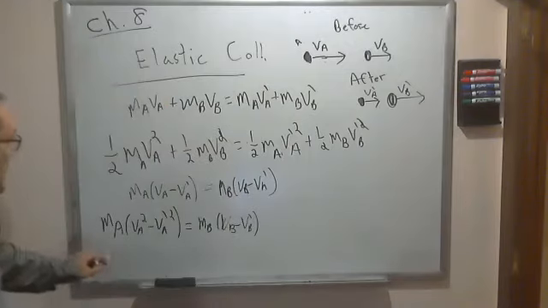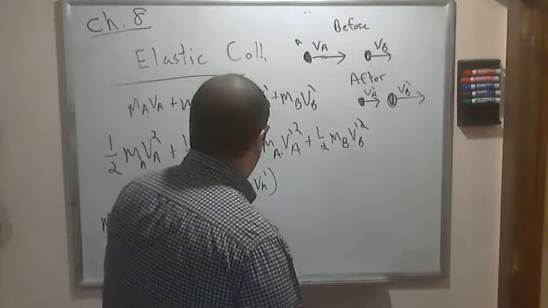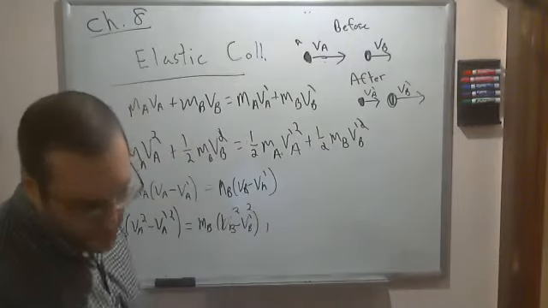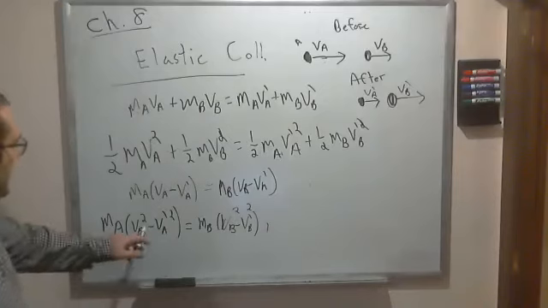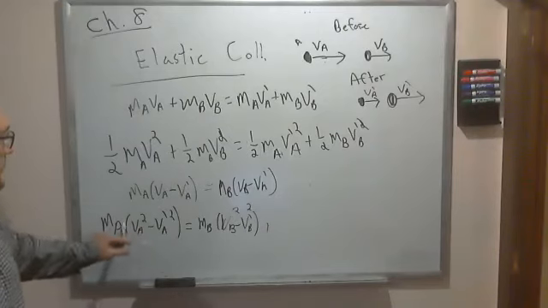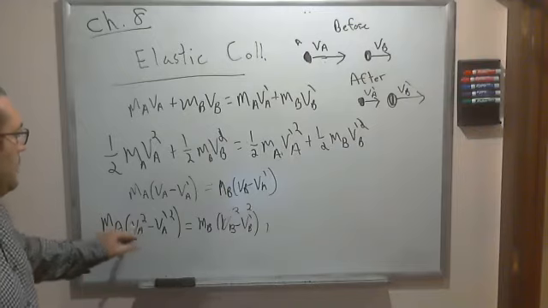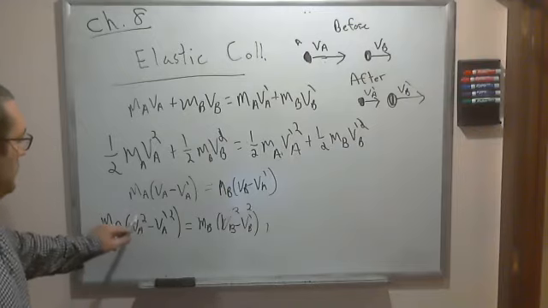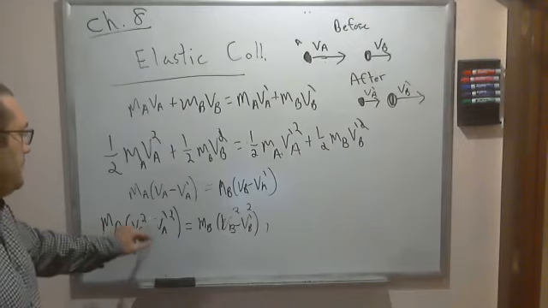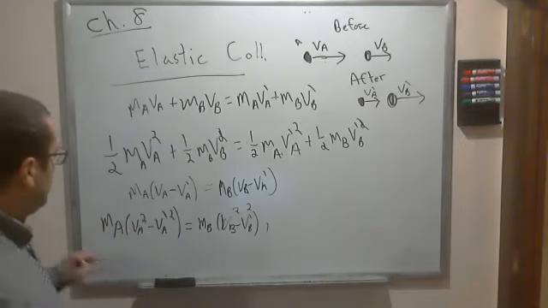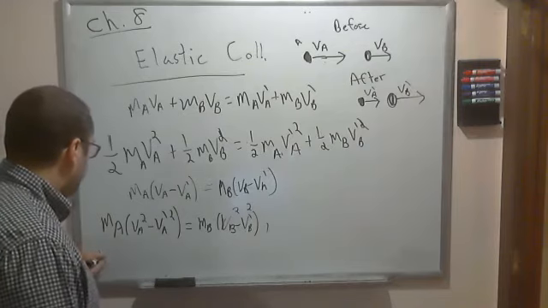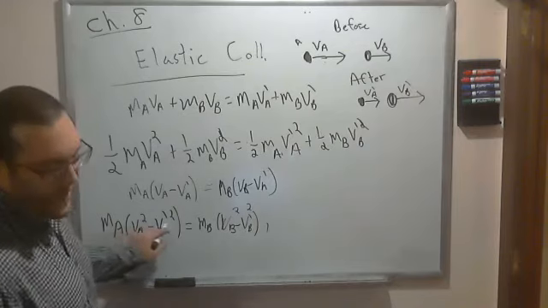Now, we'll use a little algebraic identity. If you remember from algebra, VA squared minus another term, in this case VA prime squared, we can factor this, right?